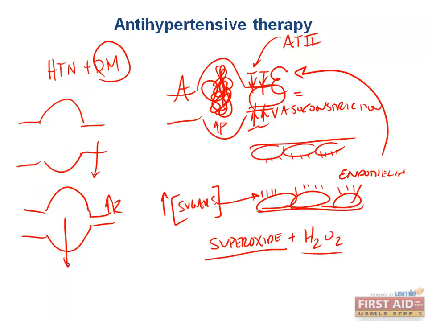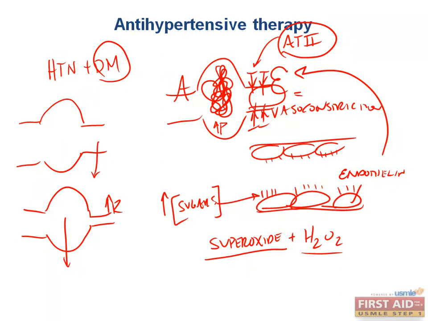And this chronic high pressure will take basically a pounding to the glomerular capillaries, and that is really bad because you are further causing more damage in combination with what our advanced glycation end products were doing to the endothelial cells of our renal capillaries.